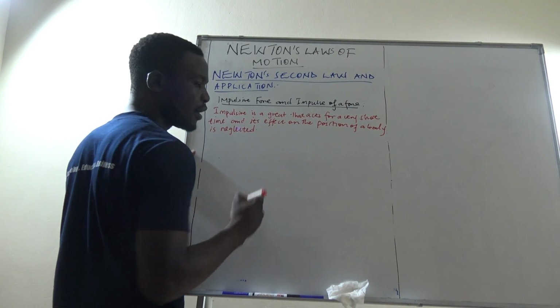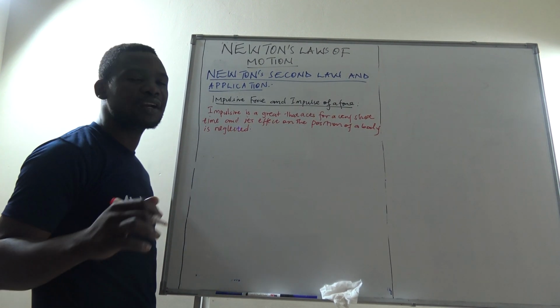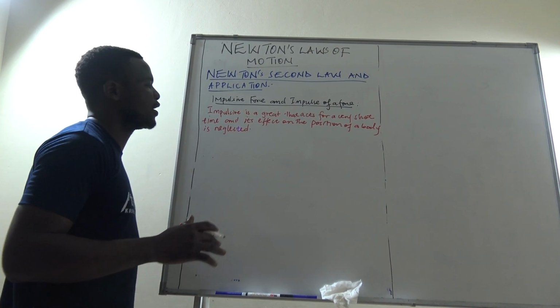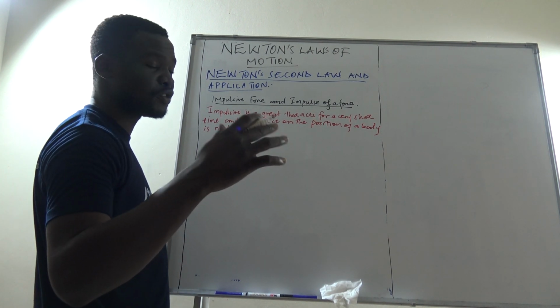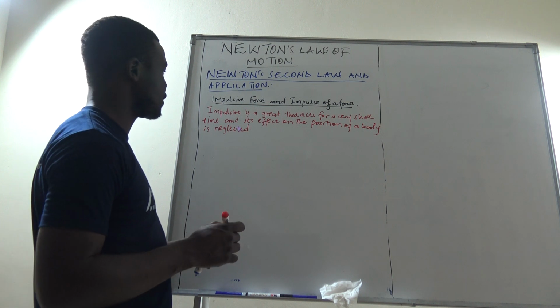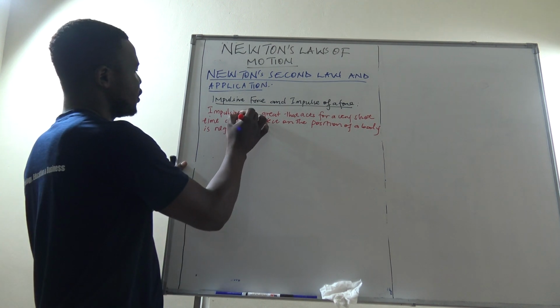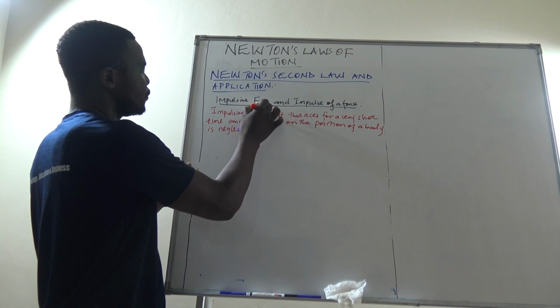So when we have a great force acting for a very little time, and the position of the body almost remains unchanged, then we say that that is an impulsive force.